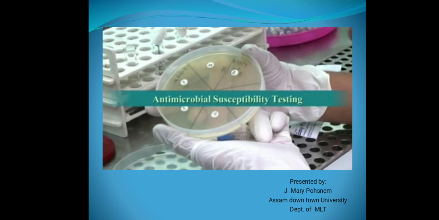The recommended medium in this test is MHA, or Mueller-Hinton agar. Its pH should be between 7.2 and 7.4, and it should be poured to a uniform thickness of 4 mm in the Petri plate or Petri dish.